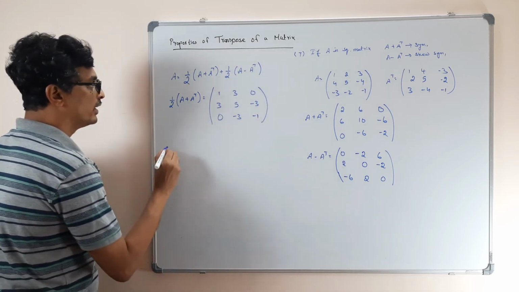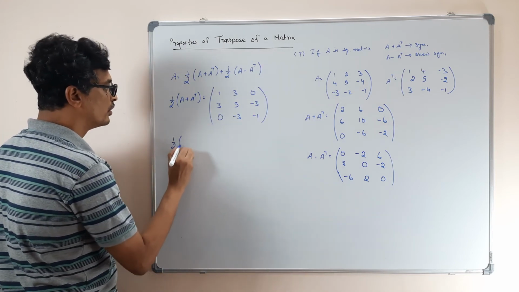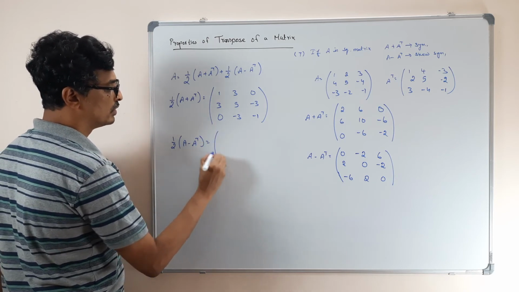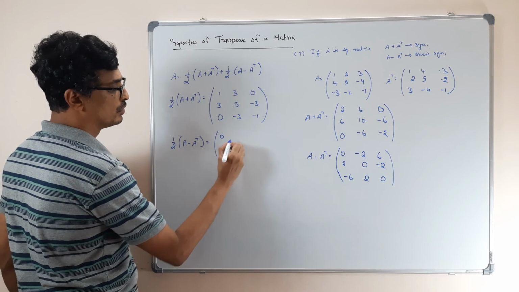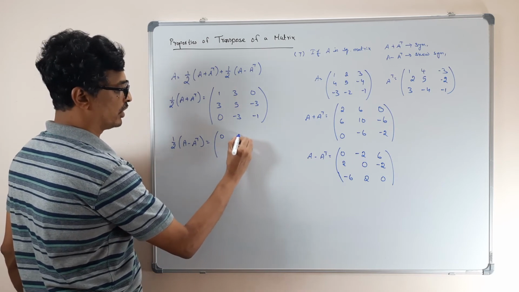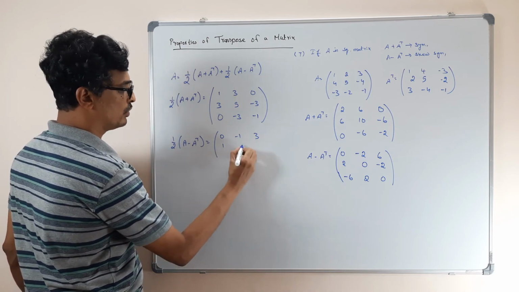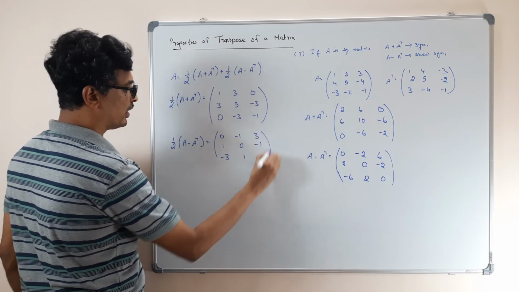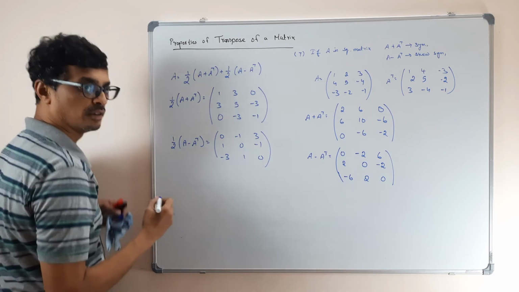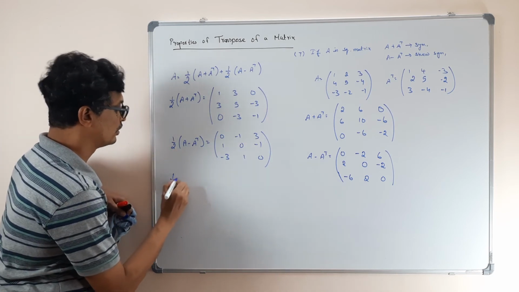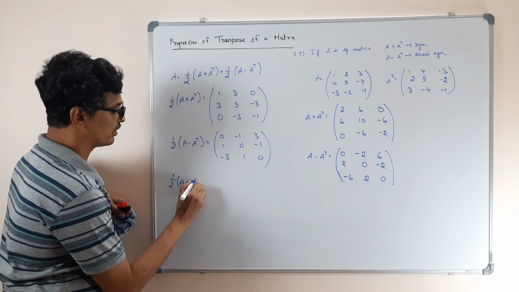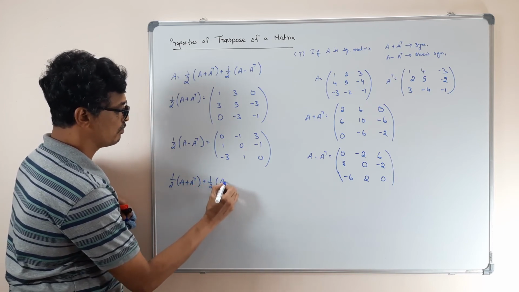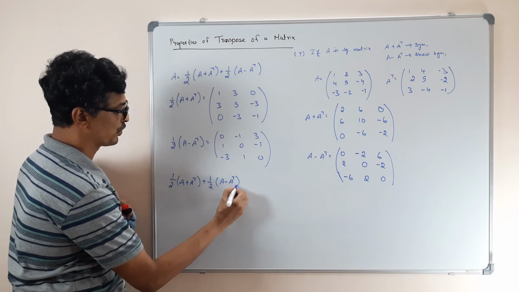And then half of A minus A transpose will be: 0, 0, minus 1, minus 1, 3, 1, 0, minus 1, minus 3, 1, 0. Let us add both: half A plus A transpose plus half A minus A transpose.